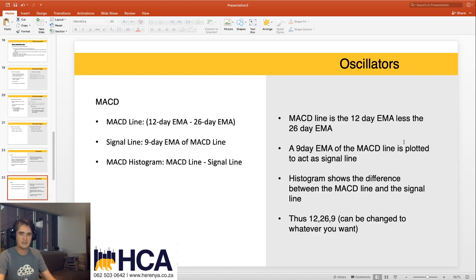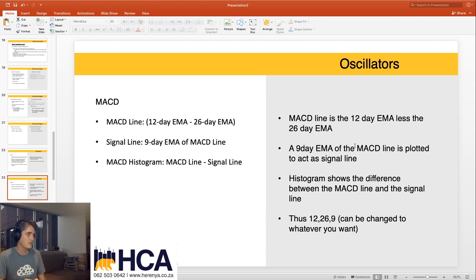Basically, how to calculate it, we looked at the only really method, which has three things that you have to calculate: the MACD line, the signal line, and the histogram. The MACD line is basically a 12-day exponential moving average less a 26-day exponential moving average. That value is then plotted every day. This gives us an indication of what the trend is doing.